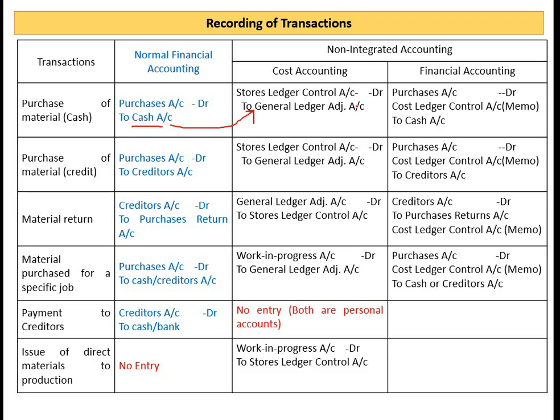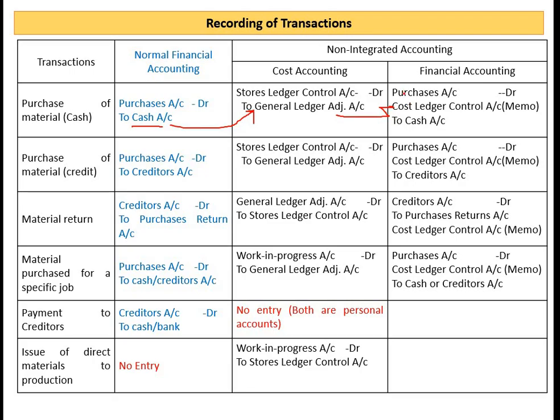And in the case of financial accounting, you can see the entry is the same except one new addition. You can see purchase account debit to cash account, but one memorandum entry is passed along with this purchase, that is cost ledger control account. So cost ledger and general ledger adjustment account are synonyms.